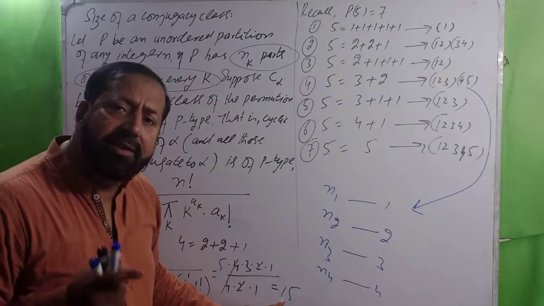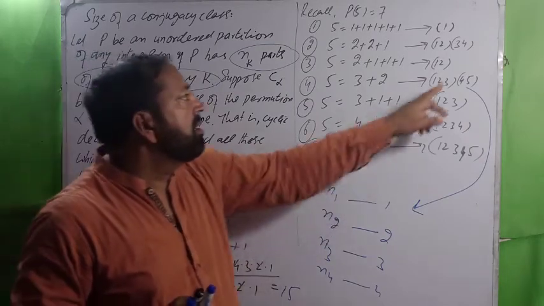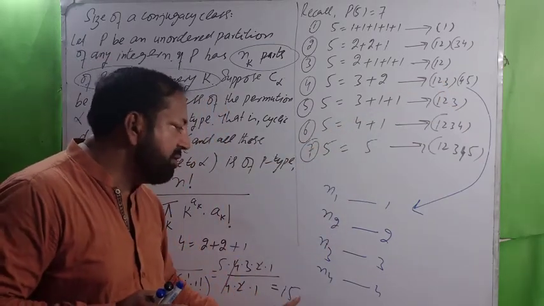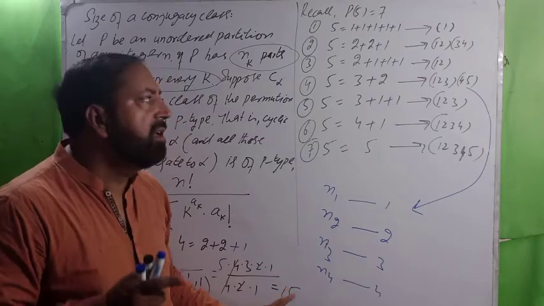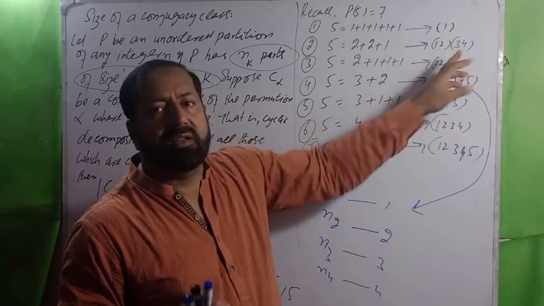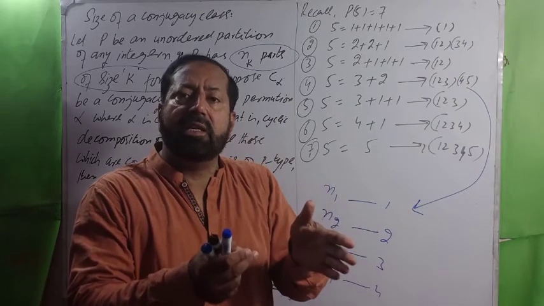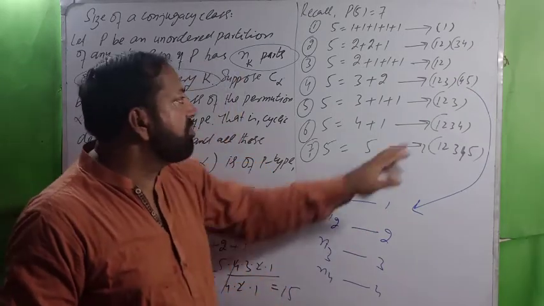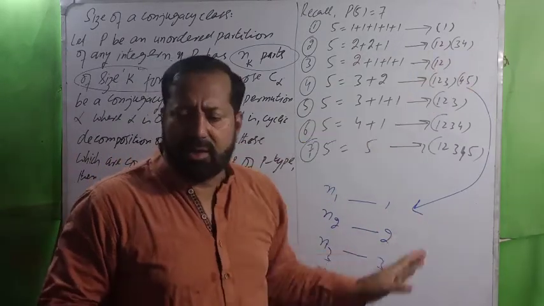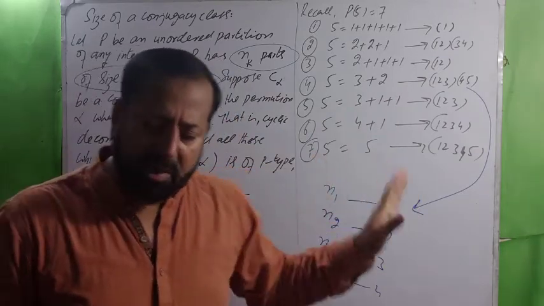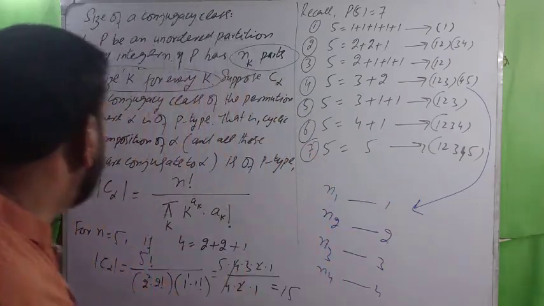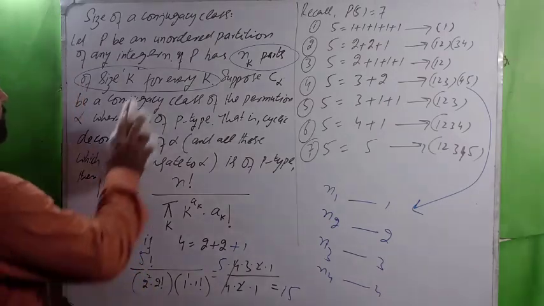What does it mean? This means that there are 15 elements in S5 which are conjugate to (1 2)(3 4). Let's elaborate this example one by one. Okay, we will see again and again.